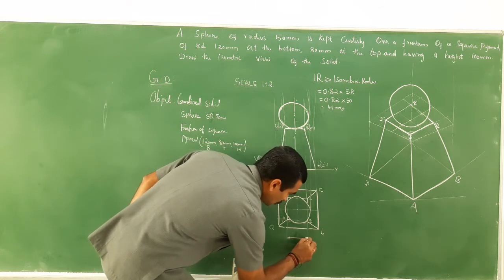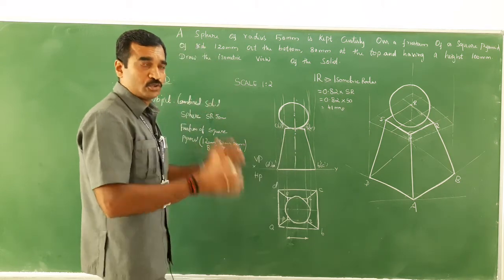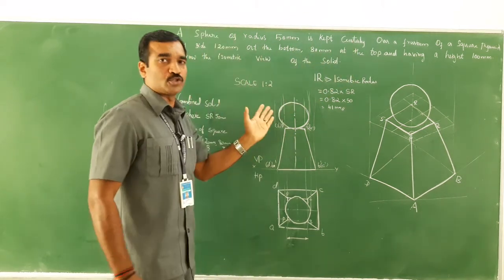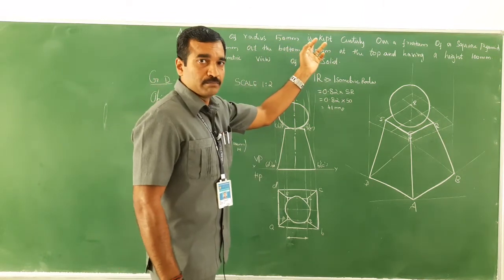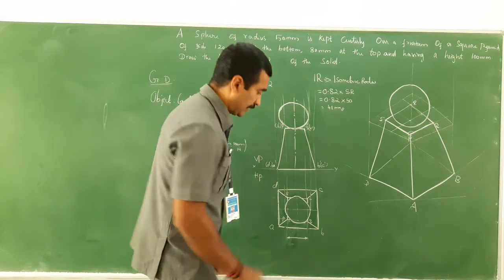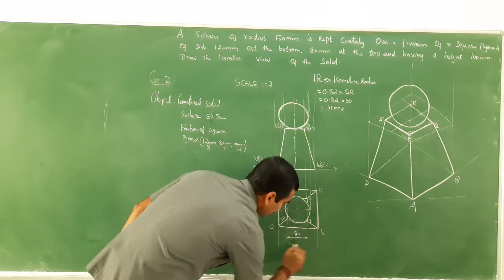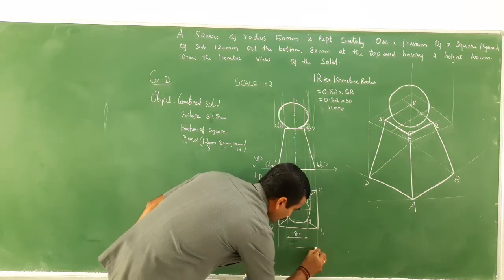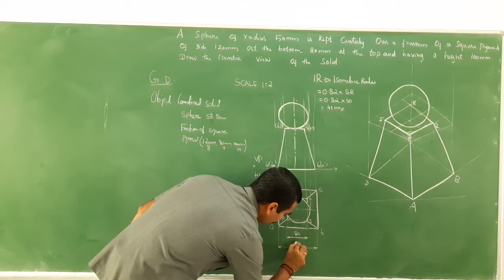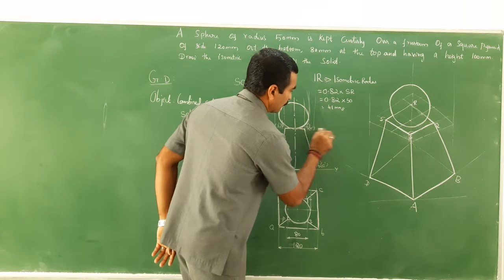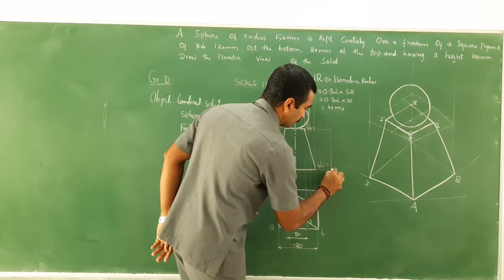When you do the dimensioning, you have to give the actual dimension, whatever is given in the question. Though you have considered scale 1:2, the actual measurement is to be marked here. So here it is 80, and the extent here is 120. Next, the height of the frustum is 100 mm.